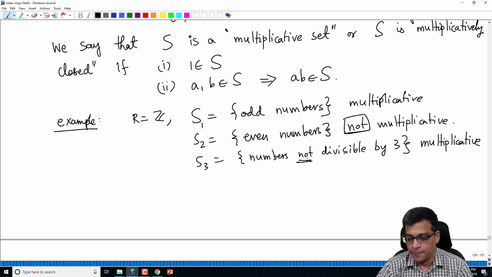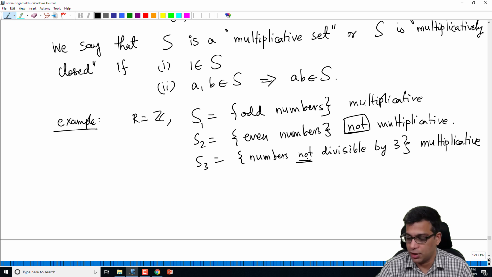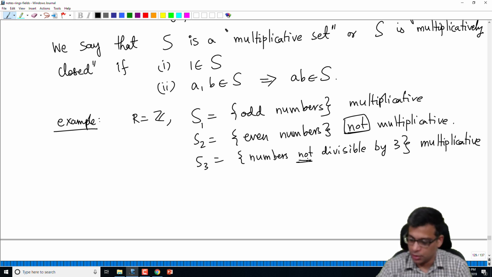And if two numbers are not divisible by 3, for example 5 and 7, 5 times 7 is not divisible by 3. Here the important fact is 3 is a prime number. If 3 does not divide a, 3 does not divide b, then 3 does not divide ab. Remember, that's a property of prime numbers, because if 3 divides ab, 3 divides either a or b. So this is multiplicative.